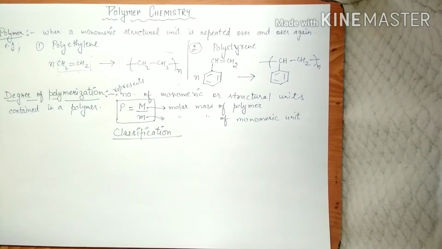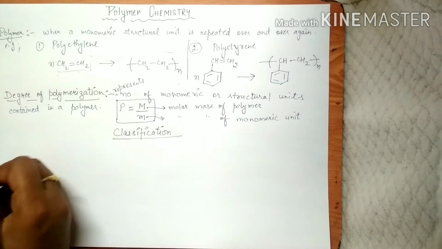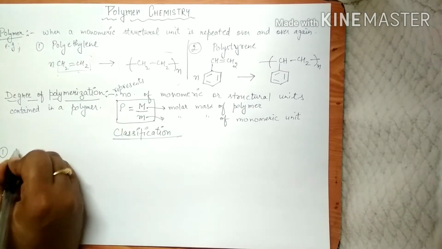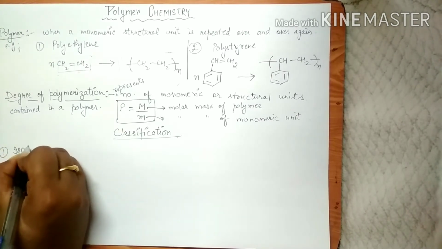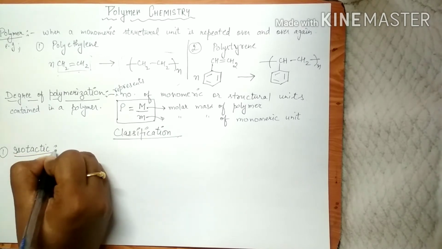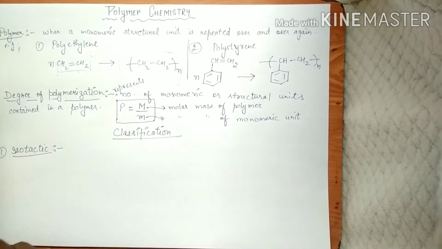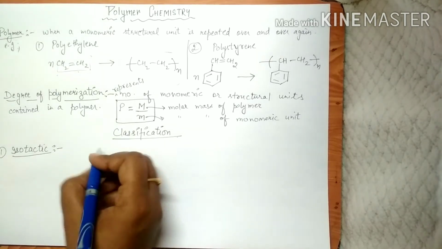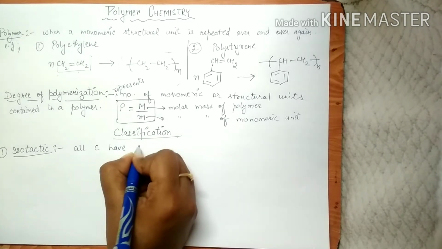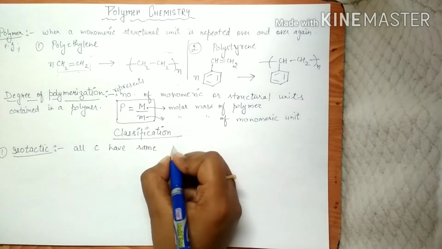So if we study about the classification, there are so many types. The first is your isotactic. In isotactic polymers, all the carbon atoms which will be present, they are having same configuration. For example, you can write all carbons will have same configuration.